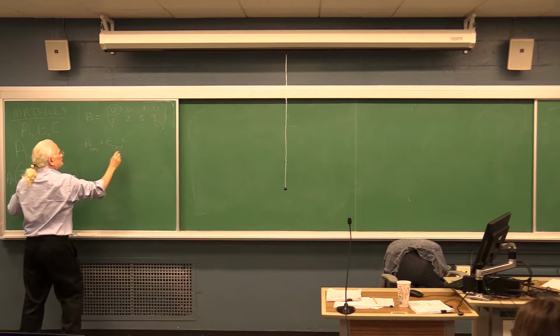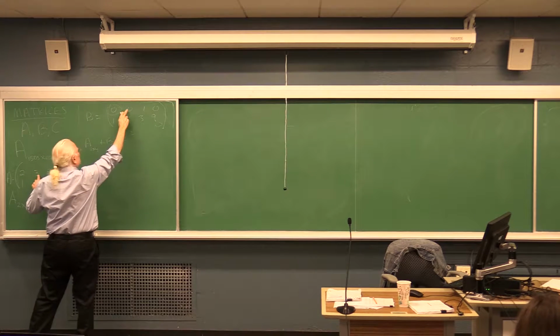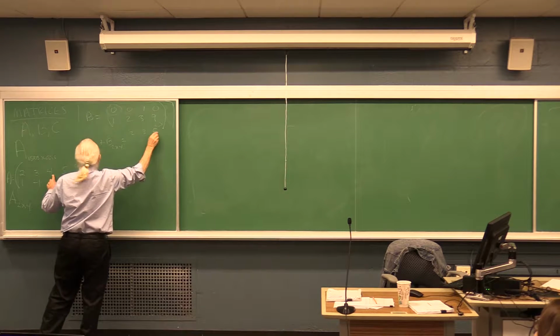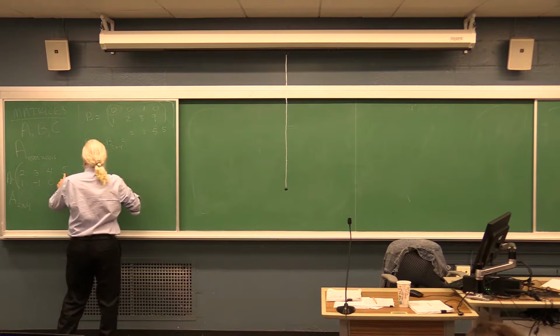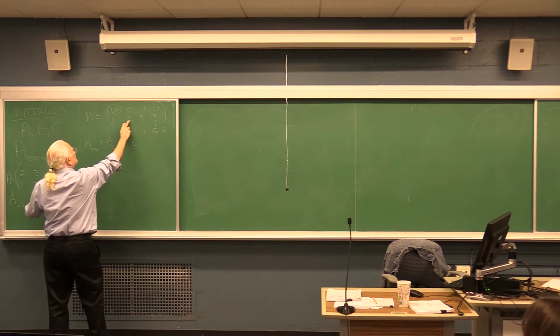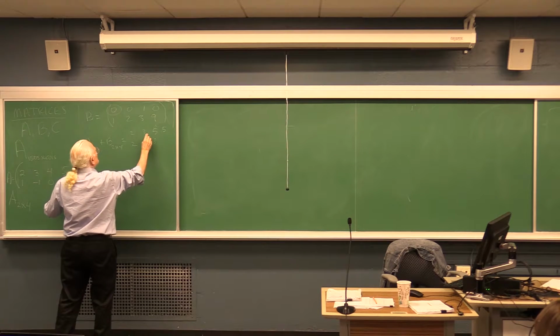This is 0 plus 2, so that's 2, right? 0 plus 3, 3. 1 plus 4 is 5. 5 plus 0 is 5. 1 plus 1 is 2. Just add the corresponding elements. Negative 1 plus 2 is 1. 0 plus 3 is 3.